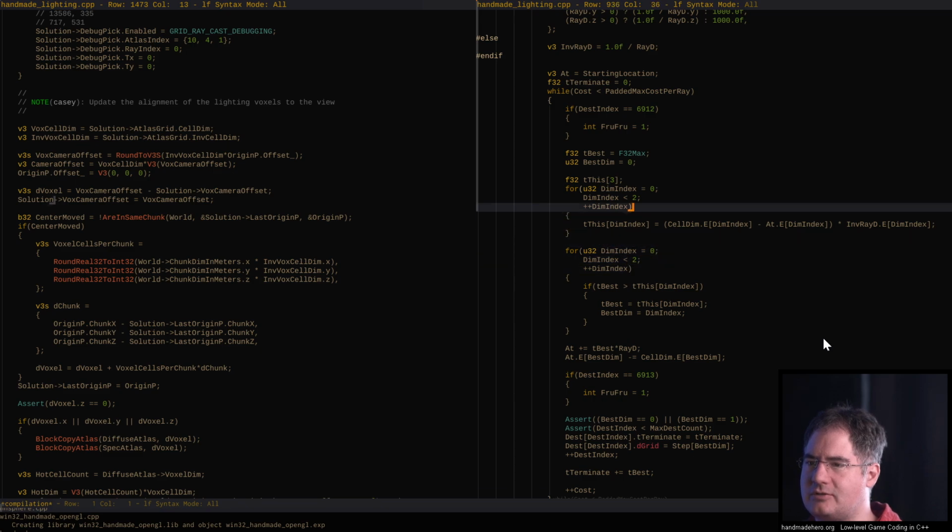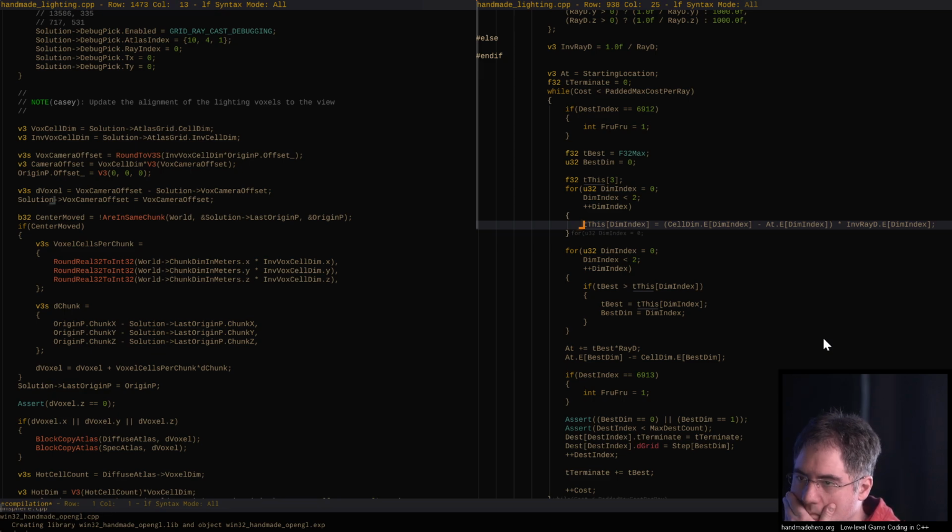Basically we just compute two of these and we see which one is less. Whichever one is less, that's the step you take. So I think that's about it.